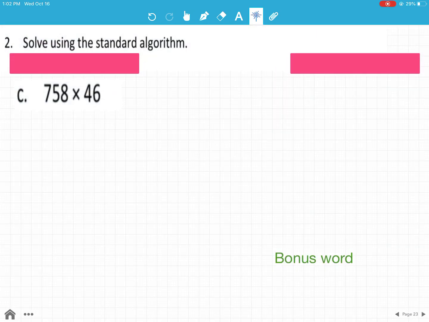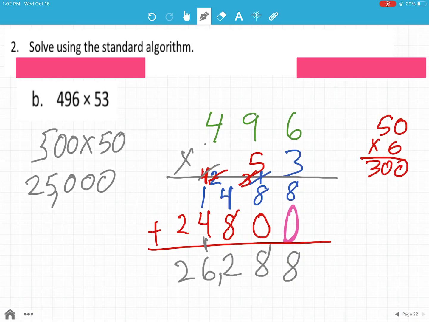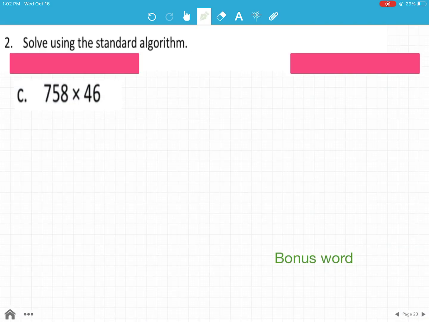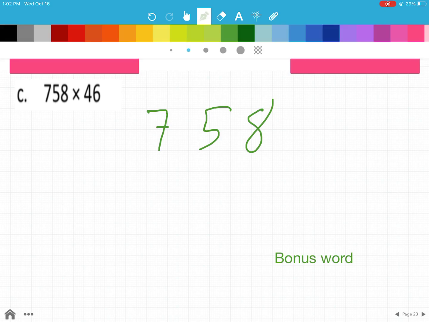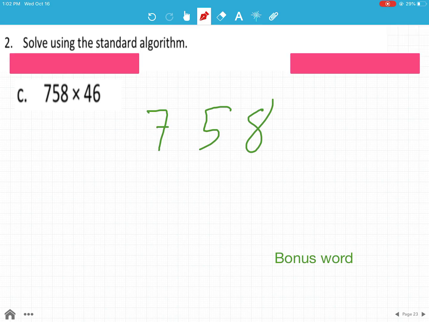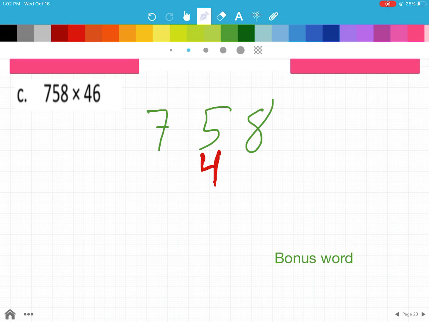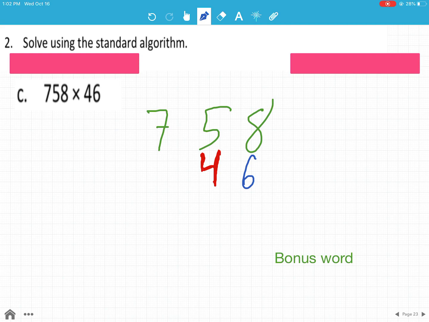Okay, here's our last example. I'm going to go ahead and do this again. We have 756, excuse me, and we're multiplying it times 46.